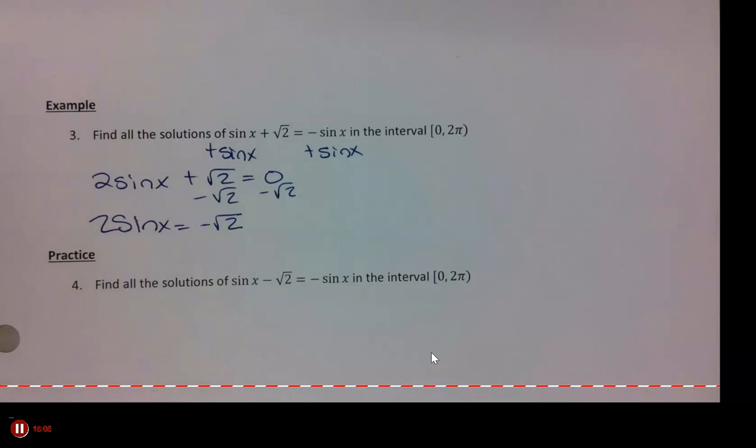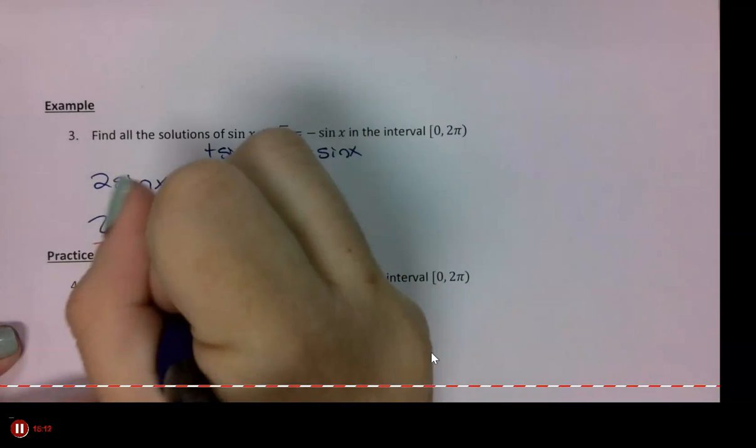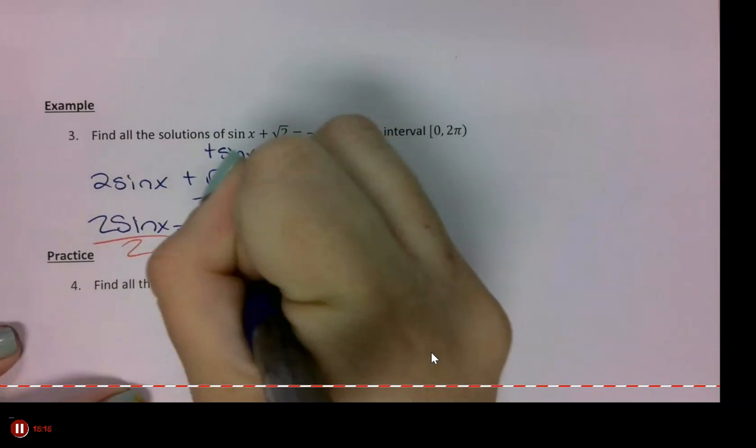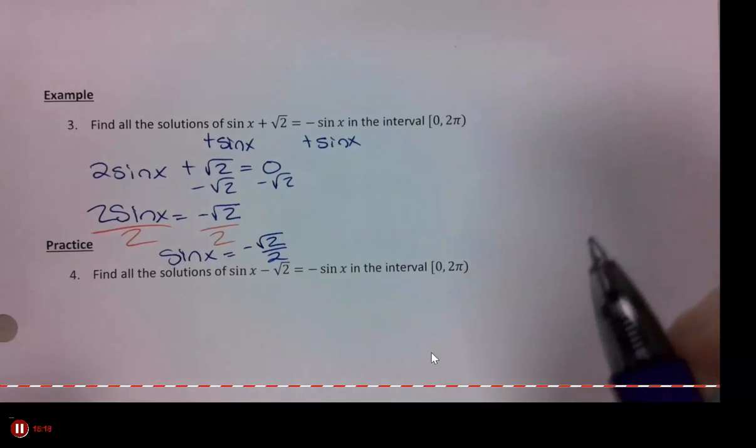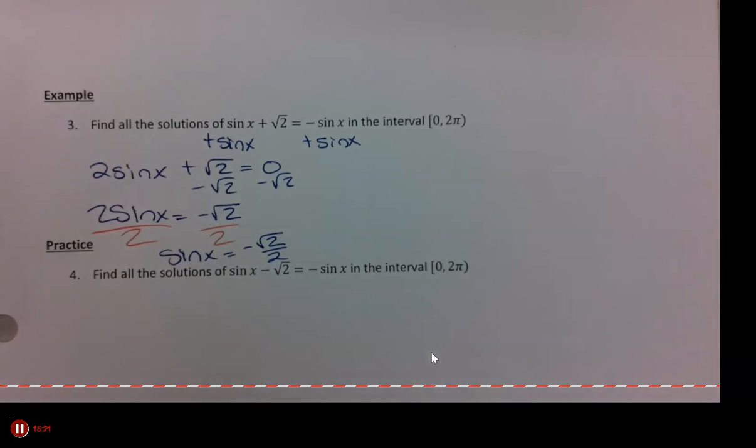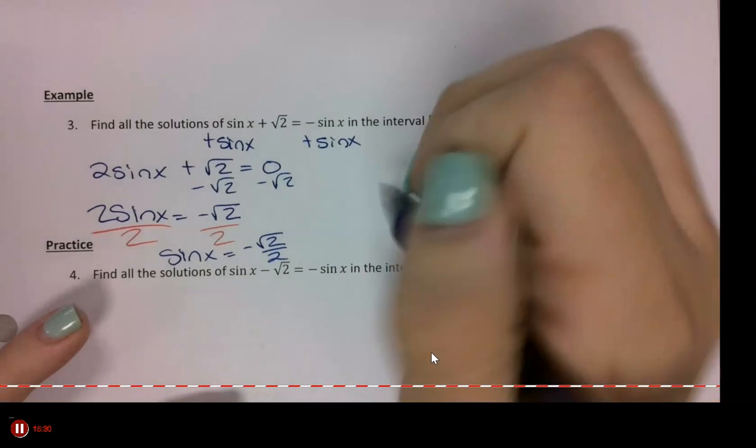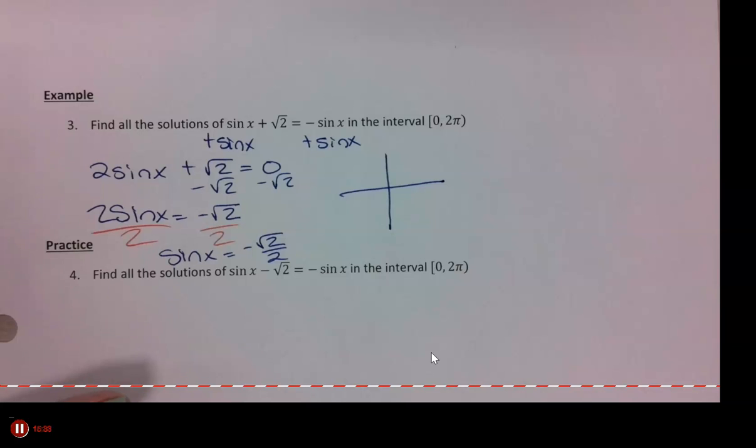Okay, then what? Okay, so then what quadrants are these in? Where is sine negative? Which two quadrants?